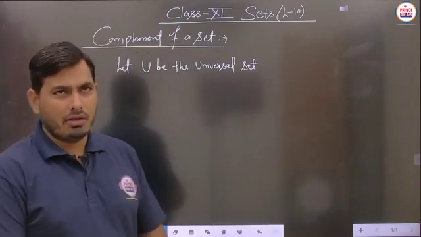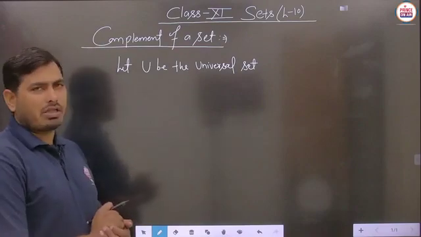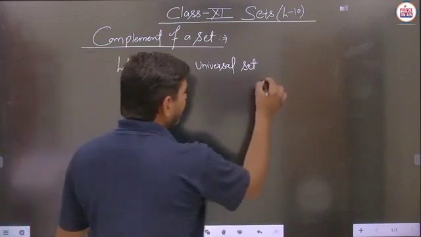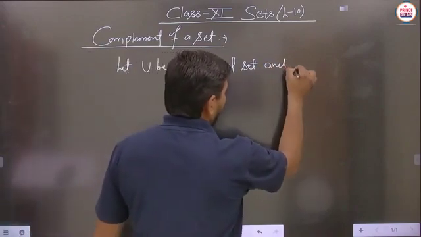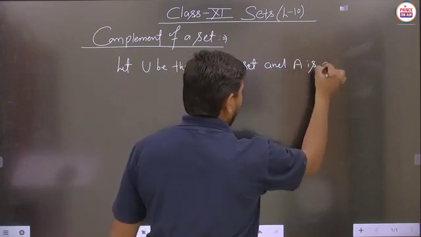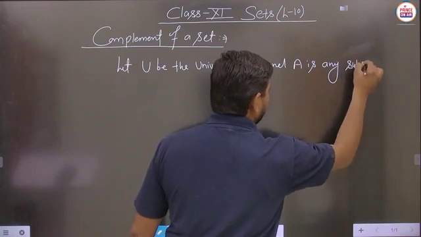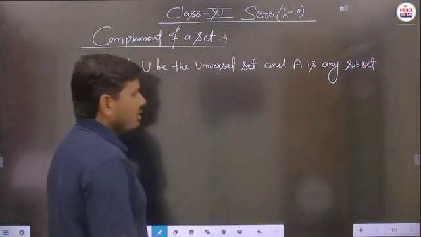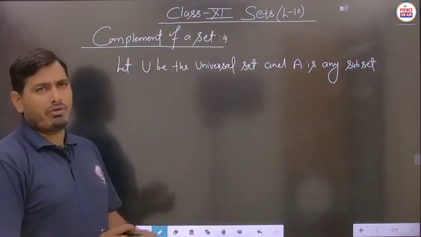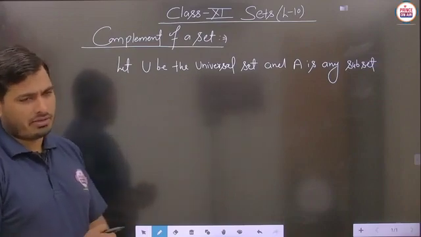So let U be the universal set and A is any subset, meaning you can take any set A which is a subset of the universal set. Is it clear?